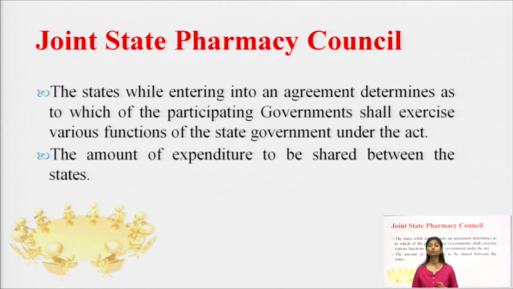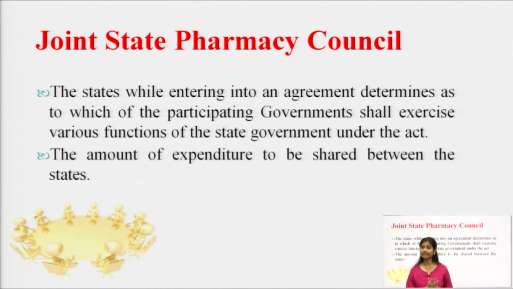Another point where we can see a difference between the state council and central council is that the registers are maintained by the state government. The entry of name, the removal of name, and the registration certificate are handled by the state government, but it is controlled by the central government.